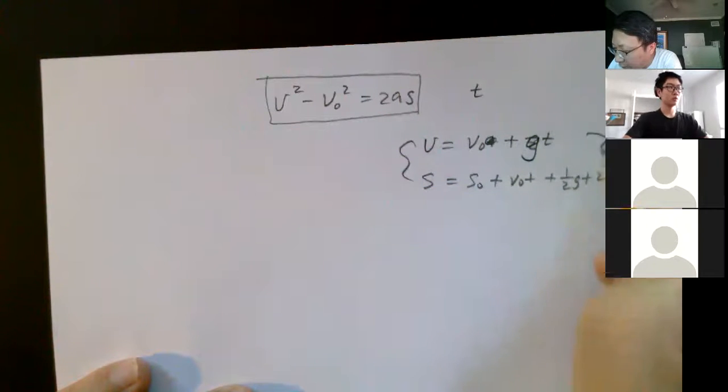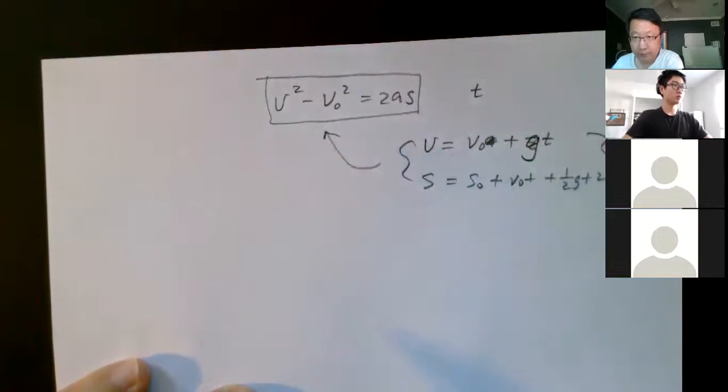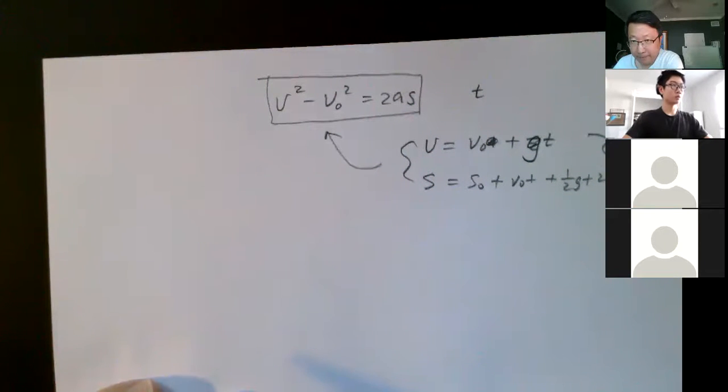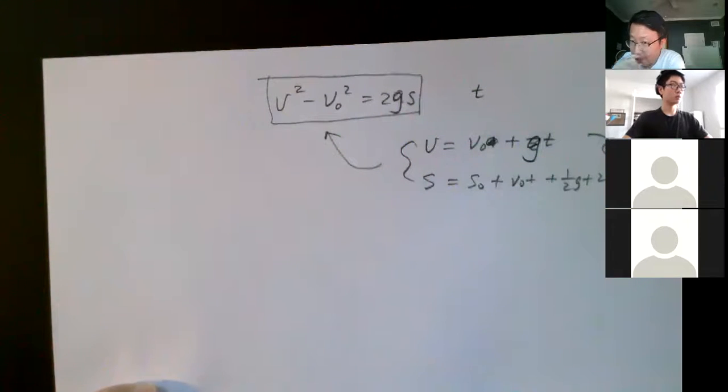You can use these to cancel out the t and get this formula. Here it's a, doesn't matter. So this is a formula, right?